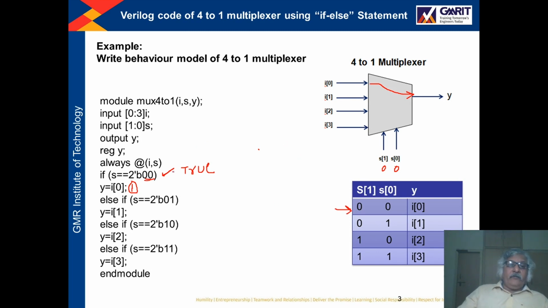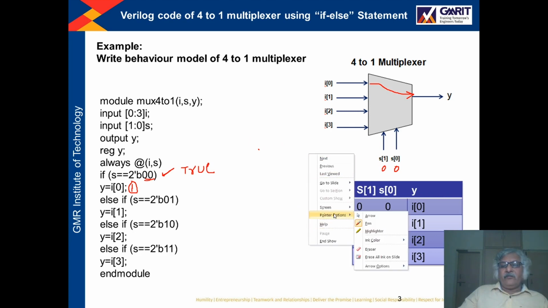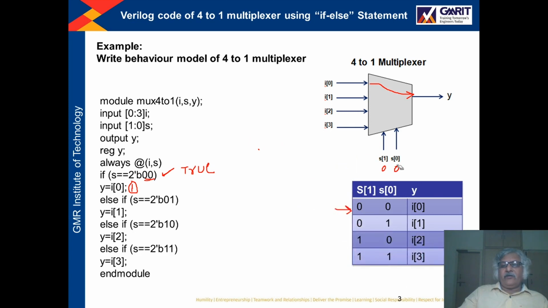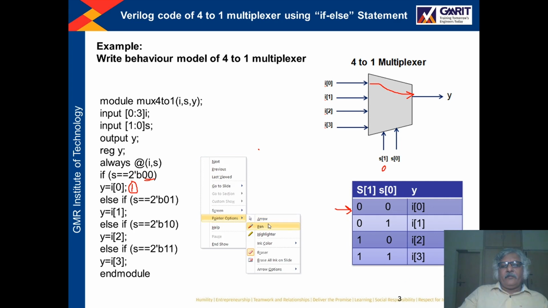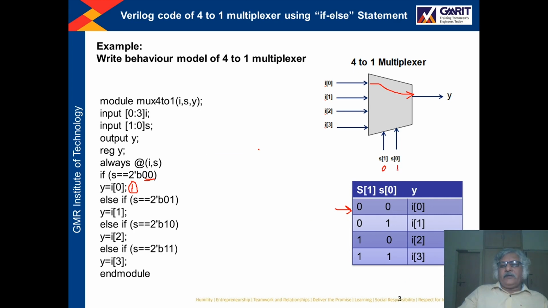But let us assume the value of S is not 0 0. Suppose it is 0 1, then what will happen? So this means now S is 0 1.